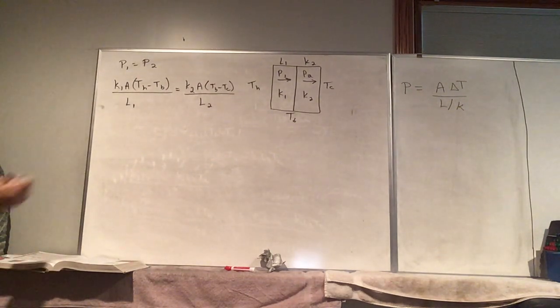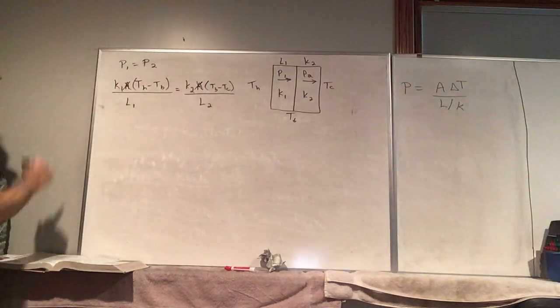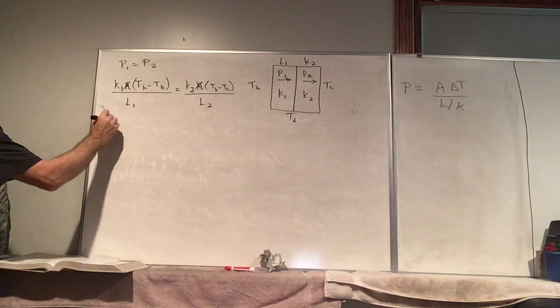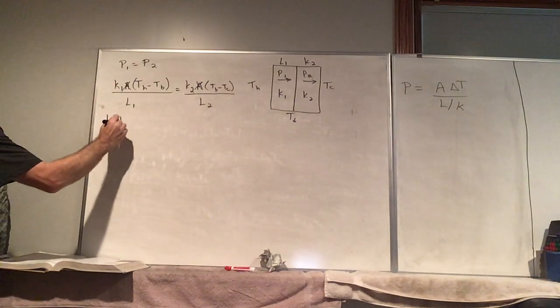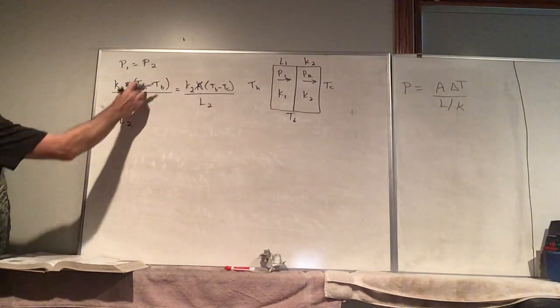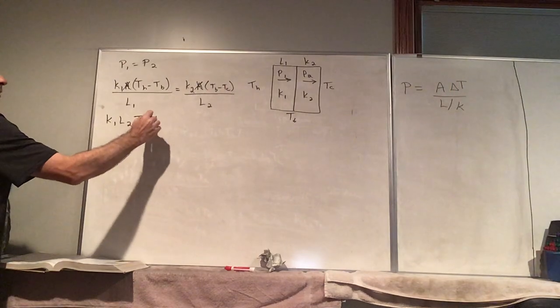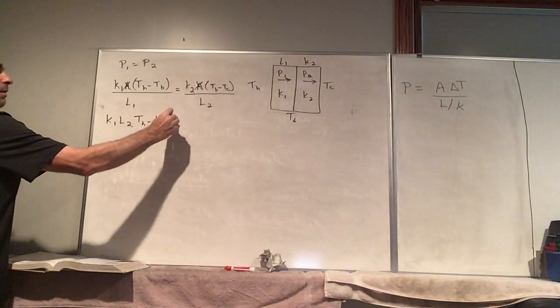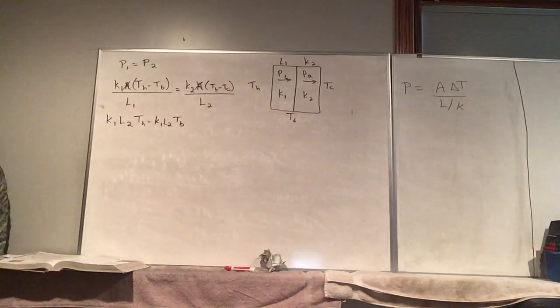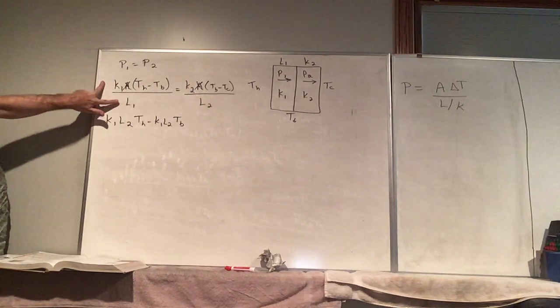So we can cross off the A. And let's multiply by L1, L2. So we have K1 times L2. I'm actually going to distribute this. So we have this times TH minus TB. And we multiply by L1, L2, so the L1 canceled out.